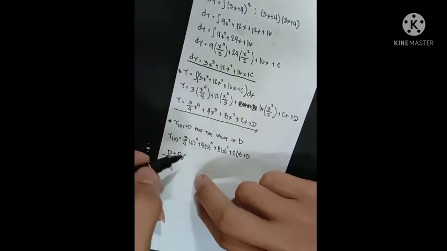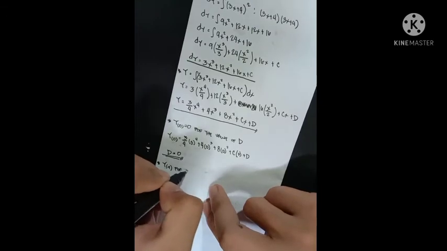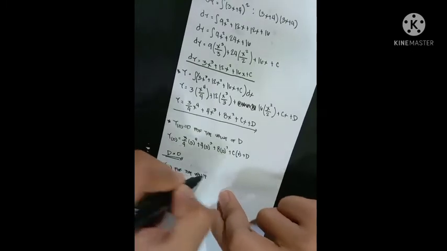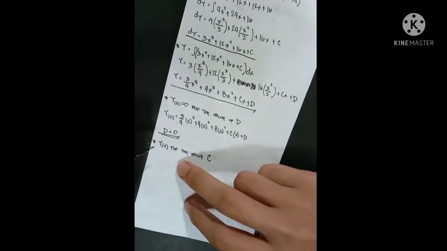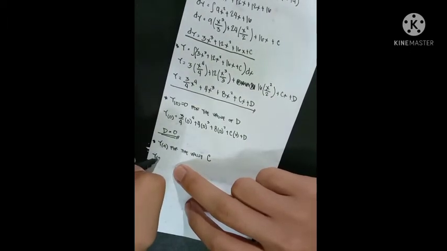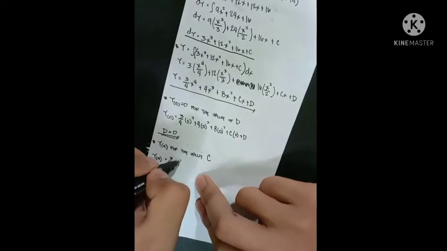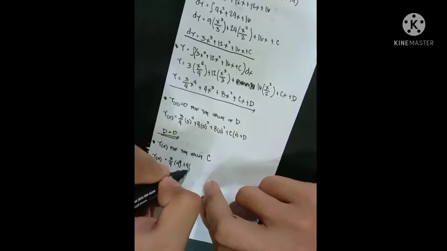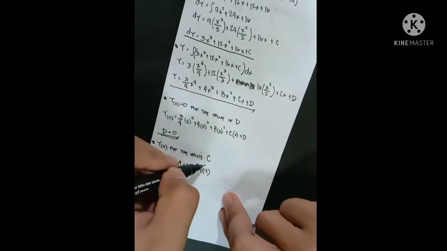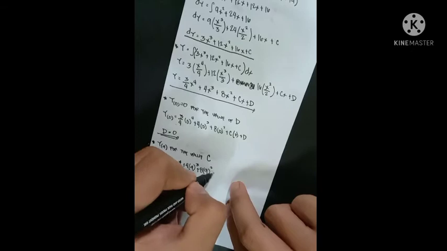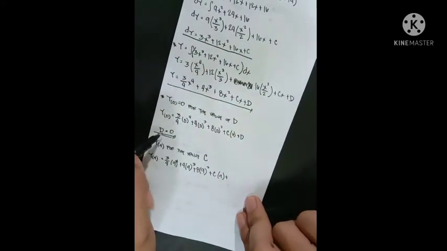We solve for the value of c. Our y(9) is equal to three-fourths times 9 raised to 4, plus 4 times 9 raised to 3, plus 8 times 9 raised to 2, plus c times 9 plus d, which is the value of 0.